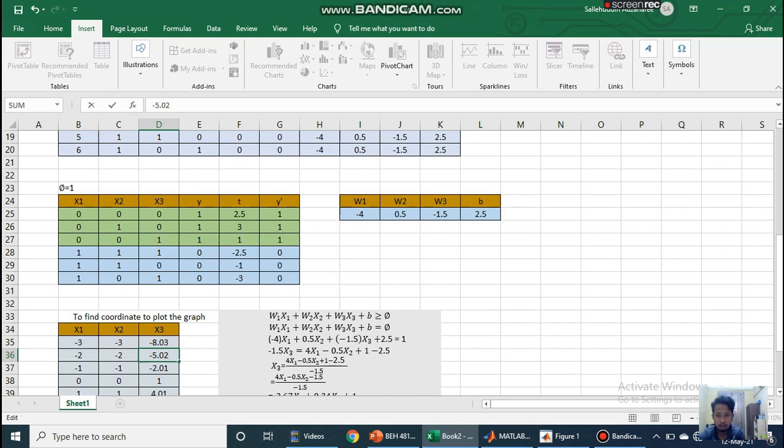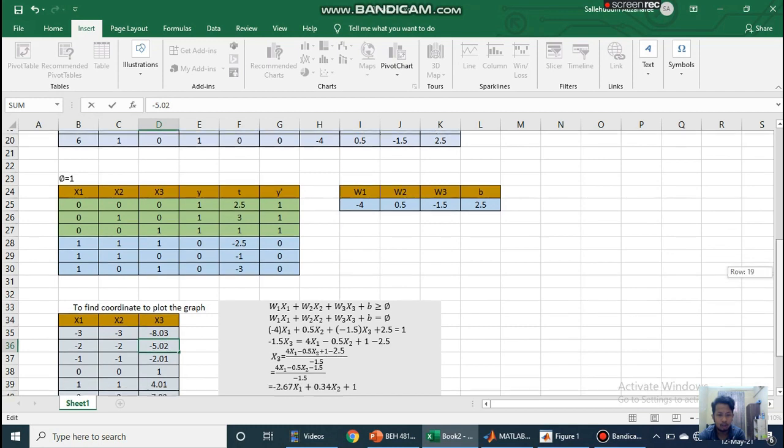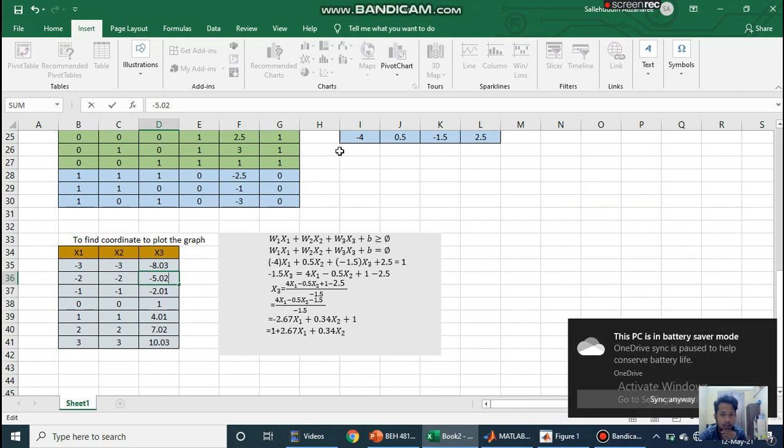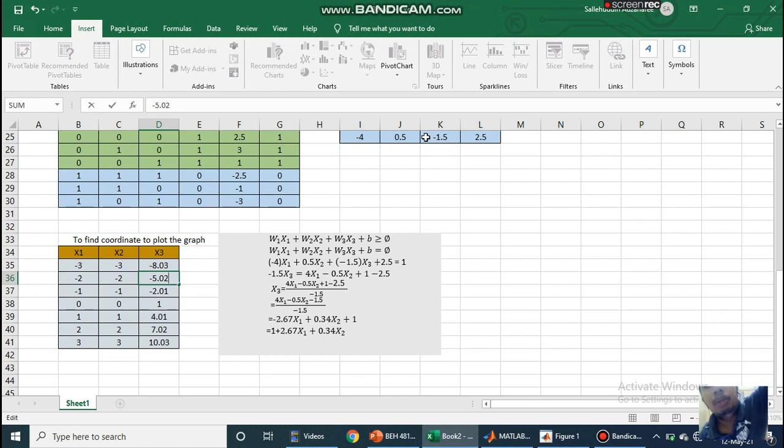Okay, the next step is to find the coordinates to plot the graph. The equation is w1 x1 plus w2 x2 plus w3 x3 plus b equal to theta. So we take negative 4, 0.5, negative 1.5, 2.5.